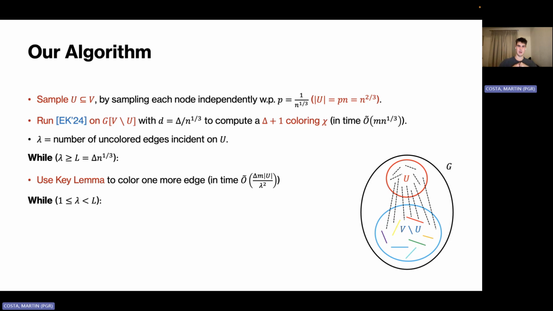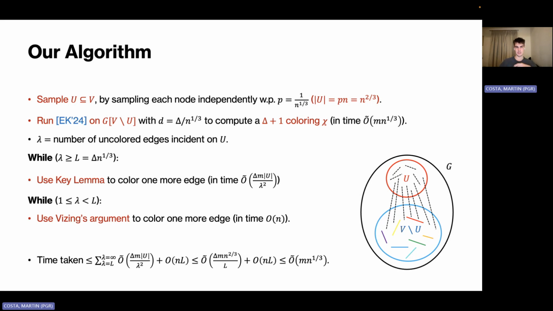Then once lambda becomes sufficiently small, once this bound becomes bad, because it is good when lambda is sufficiently large but when lambda is too small it is much worse than what you can do trivially, at that point we switch to the standard Vizing chain argument that he originally proved in the 60s when he first came up with his theorem, to extend the coloring in n time to these edges. And then you can show by a straightforward calculation, assuming the graph is near regular, that the total running time of this whole process is m n^(1/3) as well.